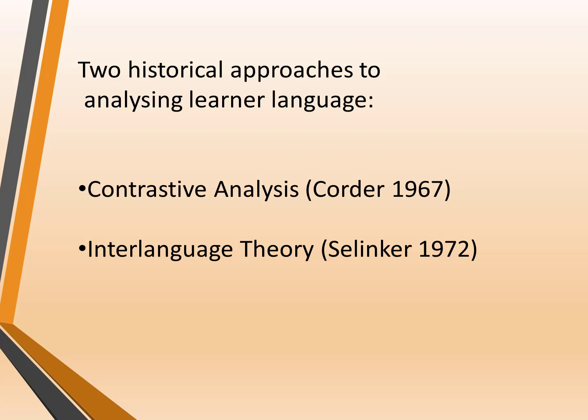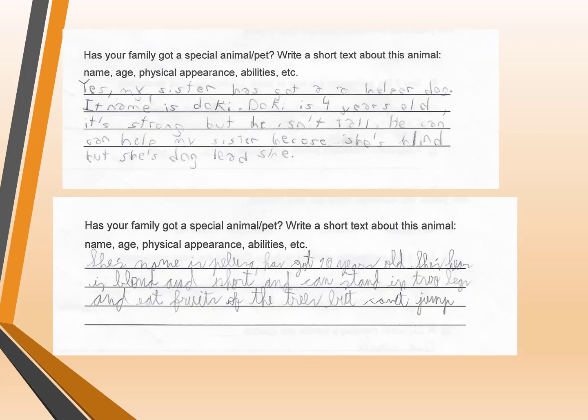Corder's theory was embraced by most educators of the time and helped explain many of the errors that students make when they are learning a language. In the following student productions, there are some mistakes that you would relate to the mother tongue, as is the case with "Pelusa has got 10 years old" to refer to age, quoting the Spanish form "Pelusa tiene 10 años."